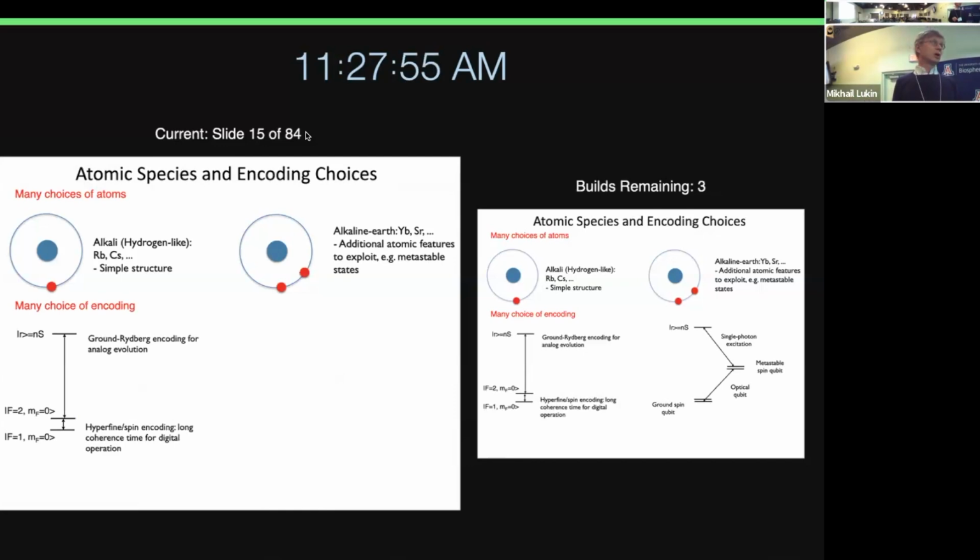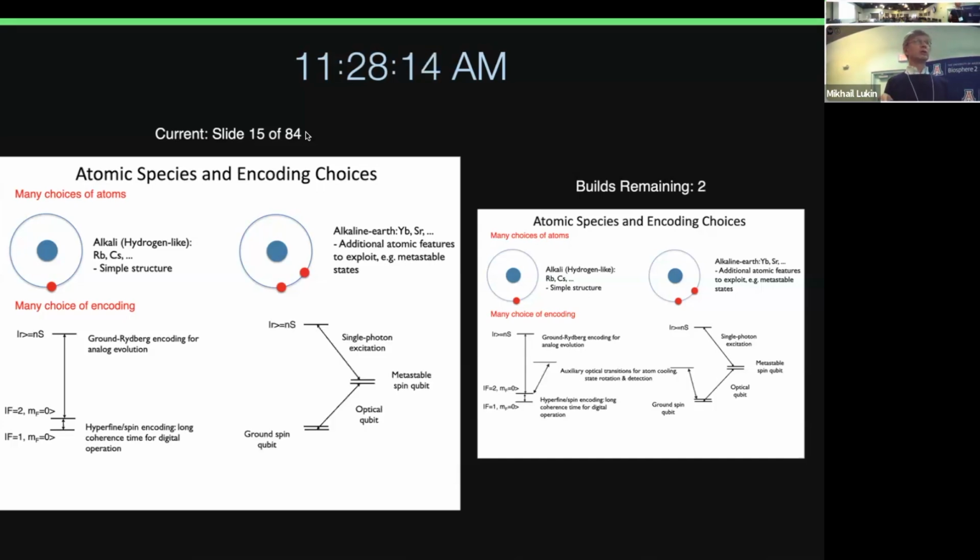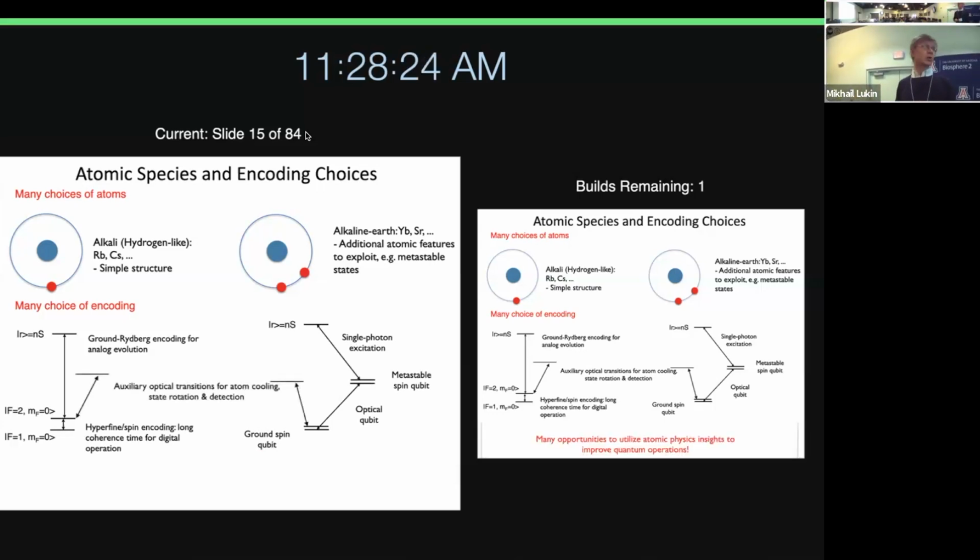But even within an atom, you can have different types of encodings. For example, I mentioned that spin states are a natural way to encode, but you can also choose instead encoding between ground and Rydberg atoms, and this in particular is often used for analog evolution. Likewise, in alkaline earth atoms, you can think about ground state spin, metastable spin, an optical qubit, and also a ground-Rydberg encoding.